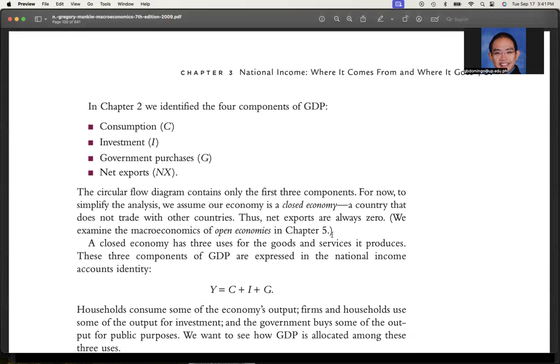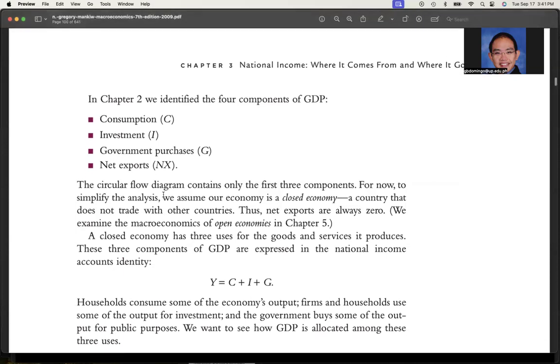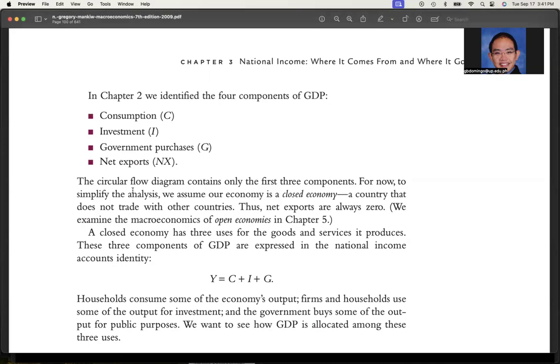Okay, next. Given that we have Y, this income now, how will this be divided into aggregate consumption, investment, government expenditure, and net exports? We've seen in the measurement that indeed Y or real GDP can be divided into these buckets or categories. Next, we will assume first a closed economy, an economy that does not trade with others.